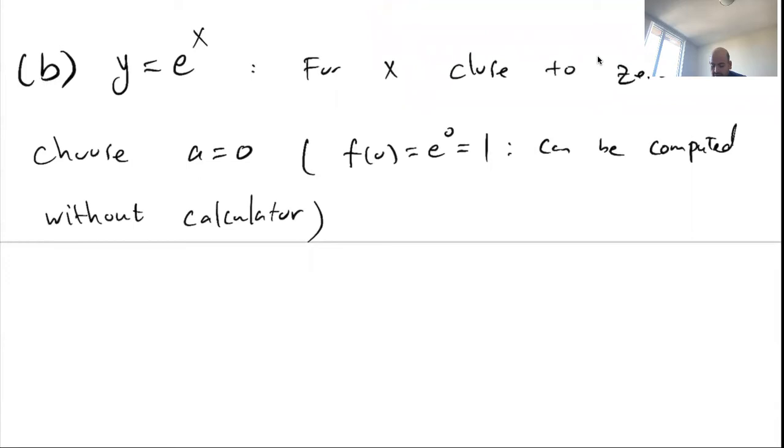And what can we say about f of x? We can say that f of x is almost equal to f of a plus f prime of a times x minus a.